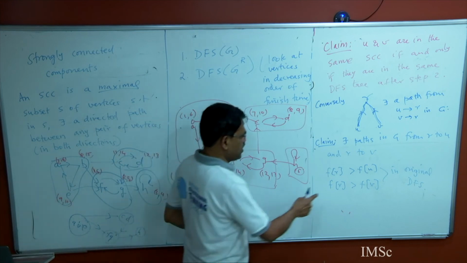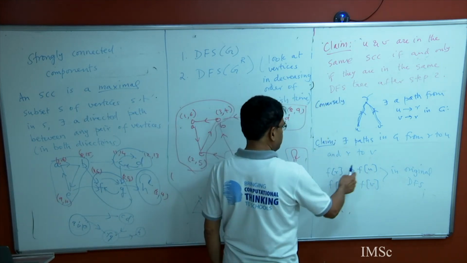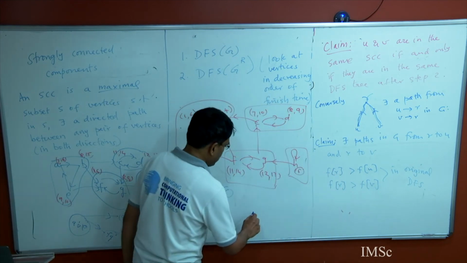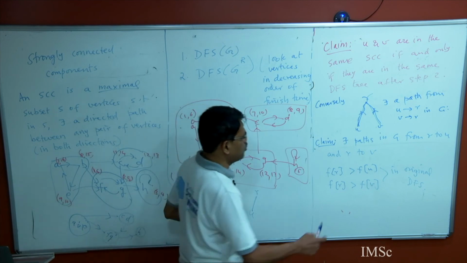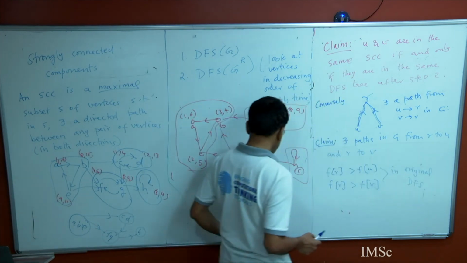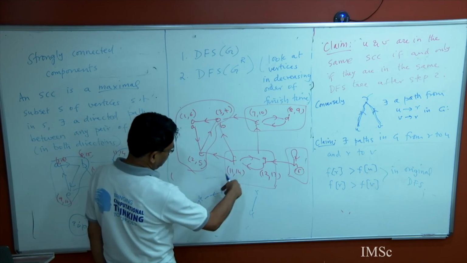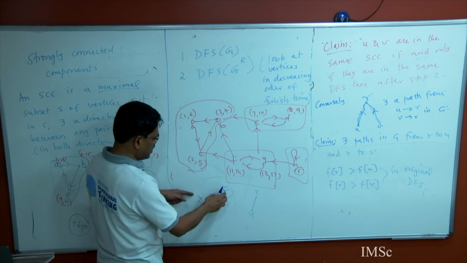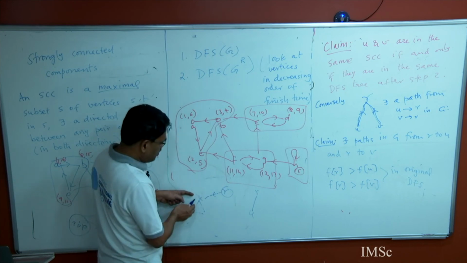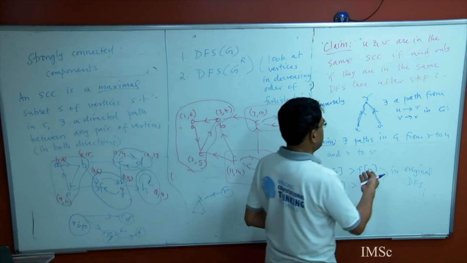Like I said, if U finished before R means that U is a descendant of R, which is good news for us because that gives me an R to U path, one of the claims I had. Or U finished before and then R was exploring it, that means that R could not be reached from U at all because I would have just put it here. That means there is no U to R path, which means that there cannot be an R to U path as well.